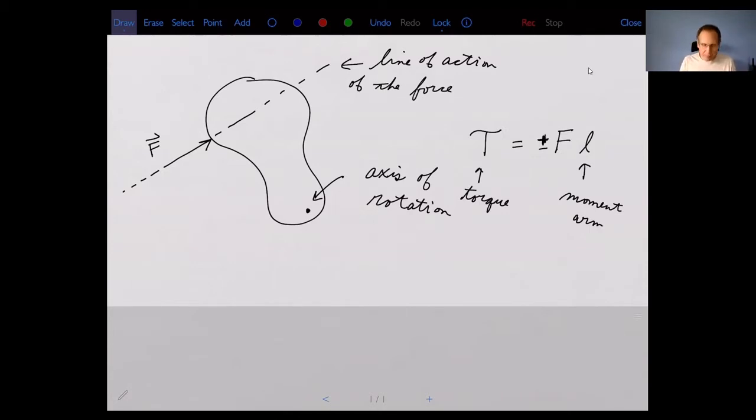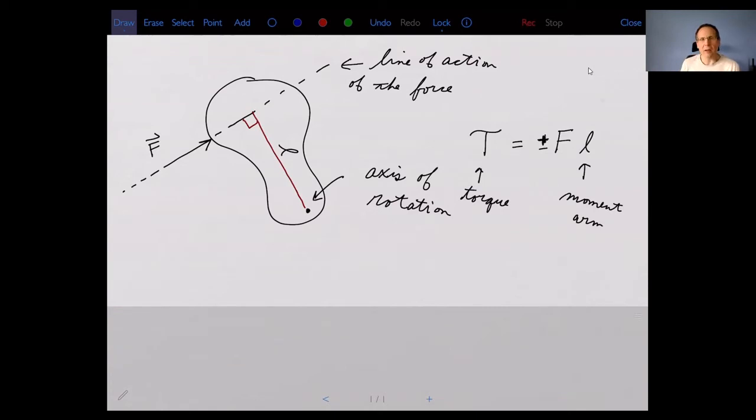The moment arm is defined to be the perpendicular distance from the line of action of the force to the axis of rotation. So in this case, the moment arm would be this distance, the one that's perpendicular to the line of action of the force. So this would be L.